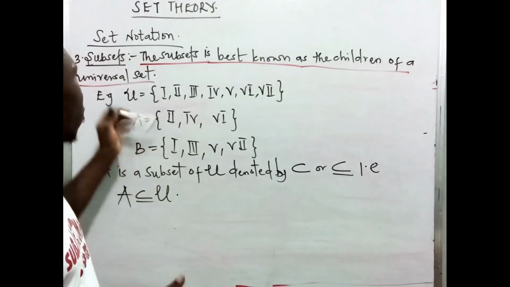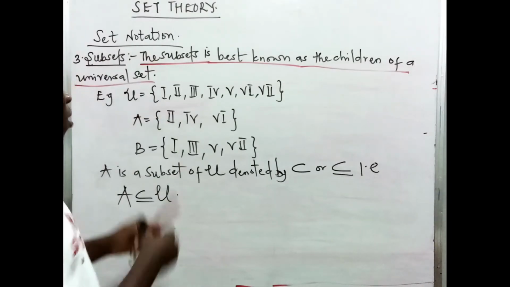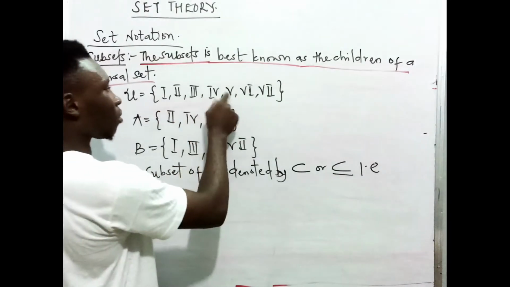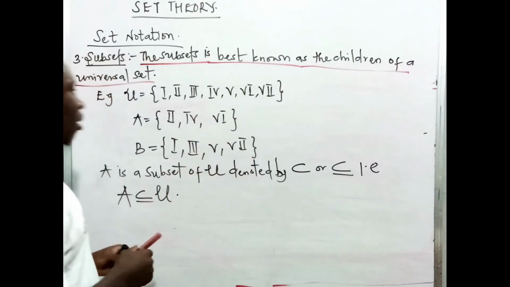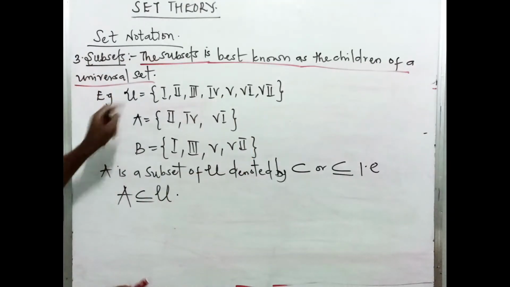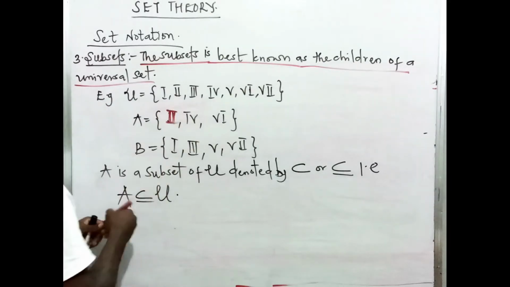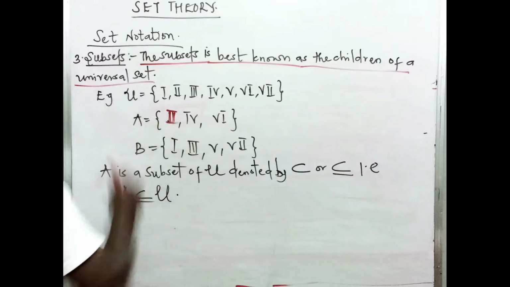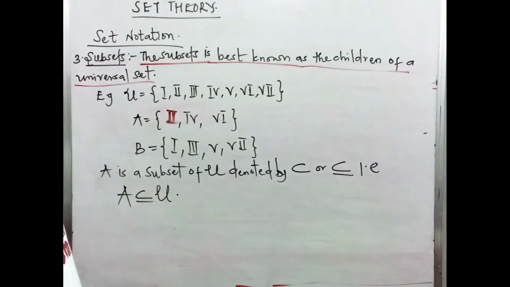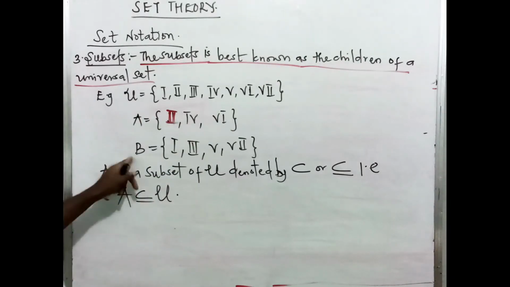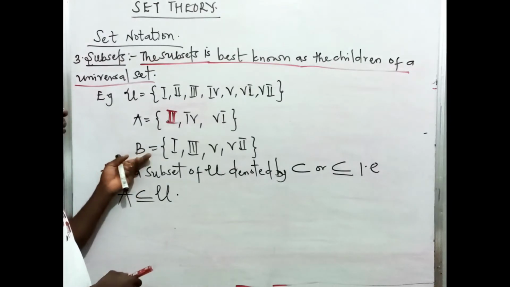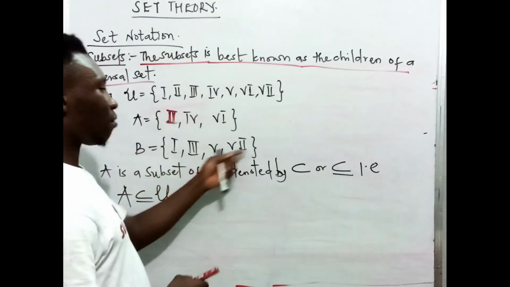So look, we have our universal set in Roman numerals from 1, 2, 3, 4, 5, 6, 7. Now, the first subset here is 2, 4, 6. What is the next subset? 1, 3, 5, 7.